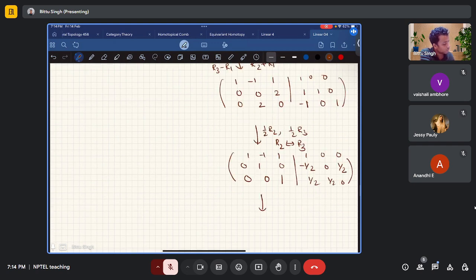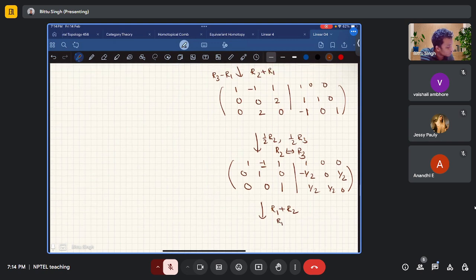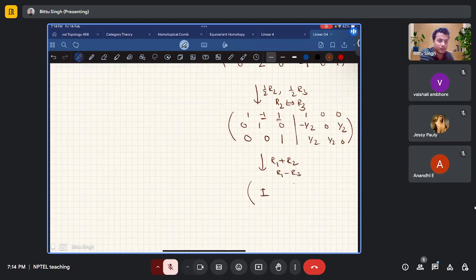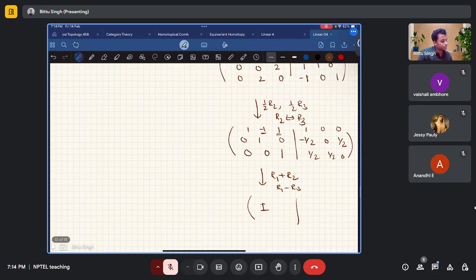And what is the next step? It is R1 plus R2, so that this minus 1 gets cancelled, and R1 minus R3, so that the third minus 1 gets cancelled. So we'll get identity on the left side, and R1 plus R2 minus R3.